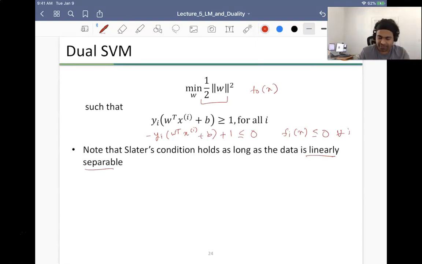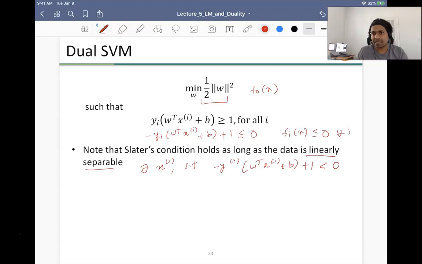Additionally, we require that there exists some xi such that minus yi multiplied by w transpose xi plus b plus 1 is strictly less than 0.